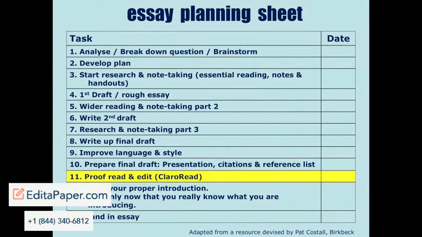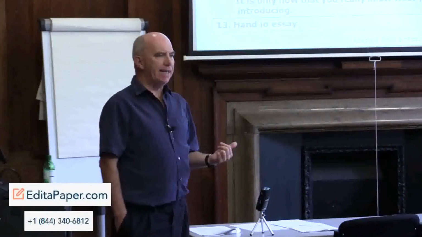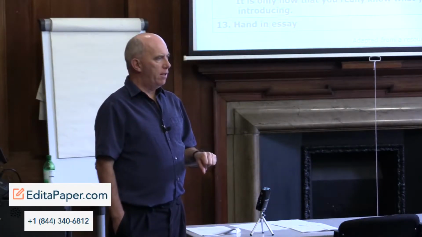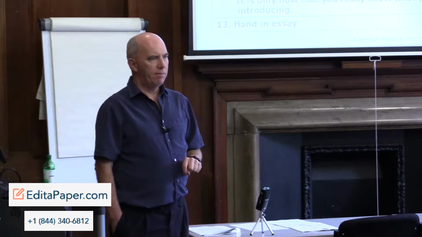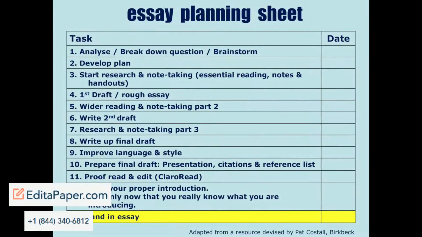I'll talk a little bit about Clara Reed later on. And then you better check your introduction, because you've made several changes, haven't you? You've changed it quite a lot. So you better check your introduction. Does it really tell the reader what's in this essay? Better check it. And then you can hand it in on time, which is great.